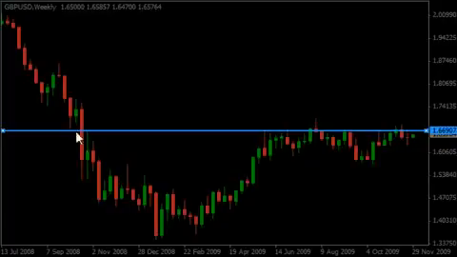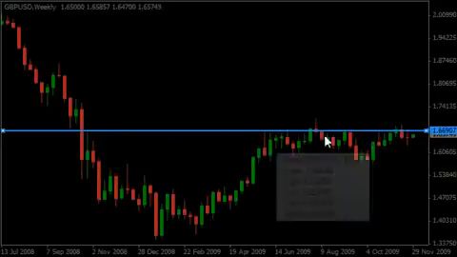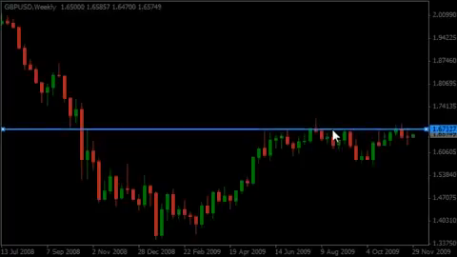This is what we call long-term support and resistance. This is on the weekly chart, so each bar is 1 week. And as you can see, there was support and resistance back here, and it's become resistance all the way along here over the past few weeks. So we're going to put that line in.